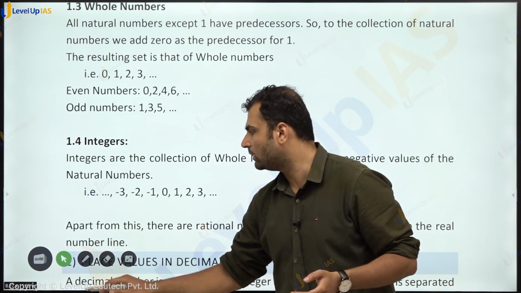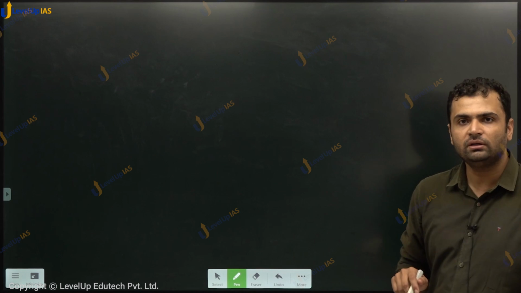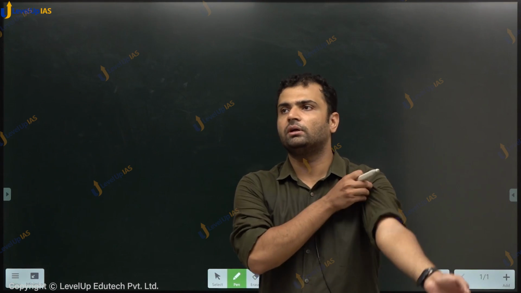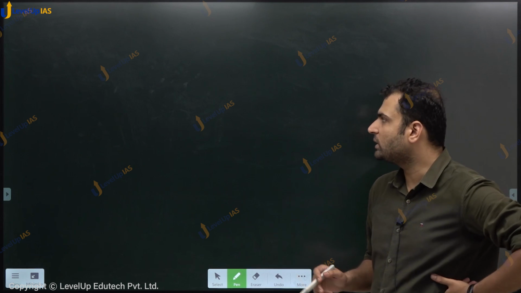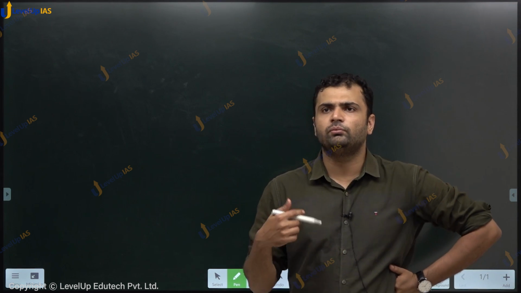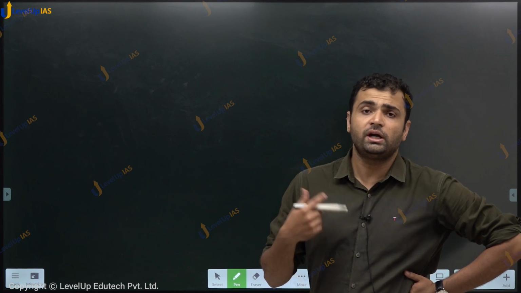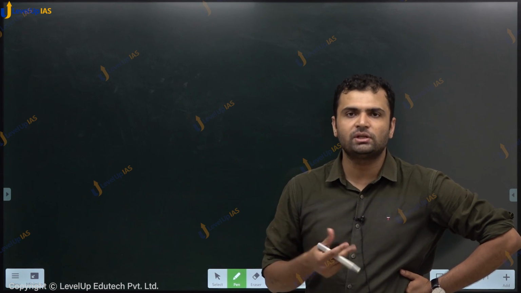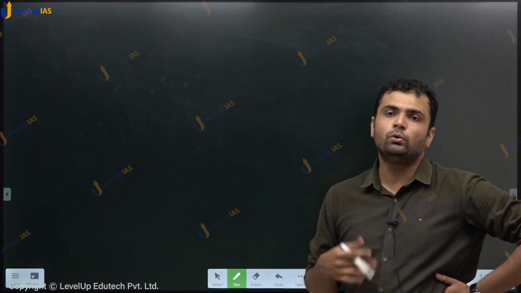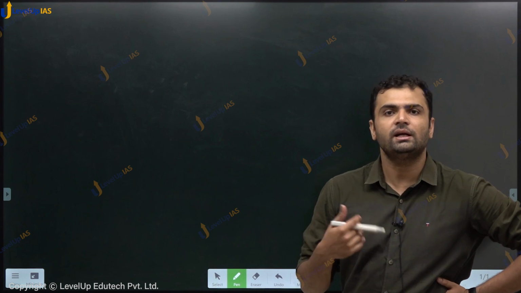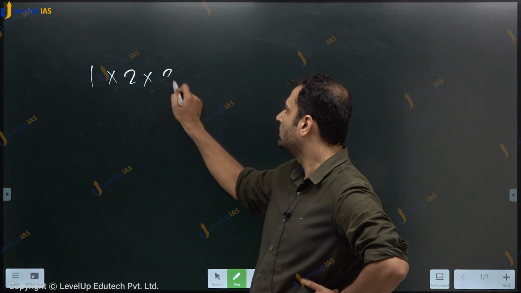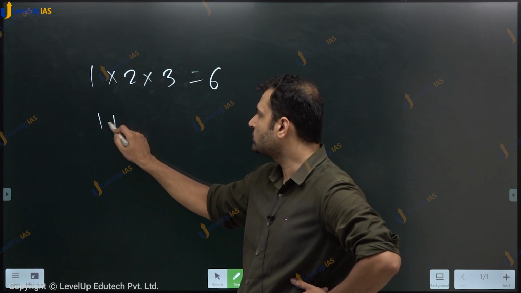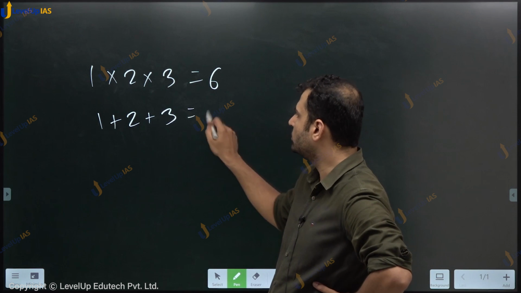For example, why is this important? There was a question in CSE, asked in 2 consecutive years. In, I think, 2021 CSE, the question talked about triplets of natural numbers, 3 natural numbers whose product is the same as their sum. Basically, 1 into 2 into 3 becomes 6, and 1 plus 2 plus 3 also becomes 6.